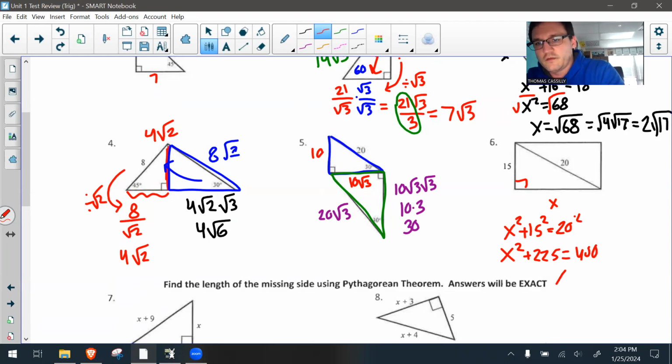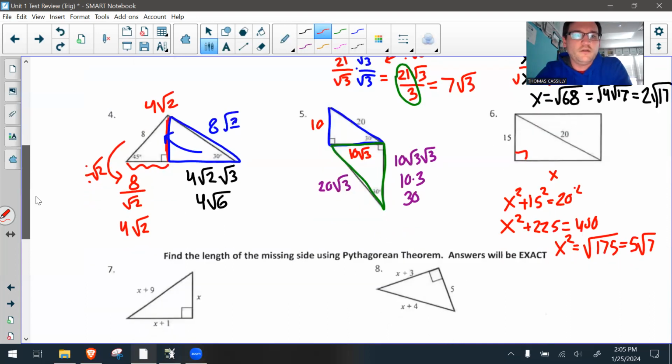Okay, so x squared equals, let's see here, that's going to be 175. All right, which is going to simplify into 25 and 7. So this gives us 5 square root of 7. And that one's done.